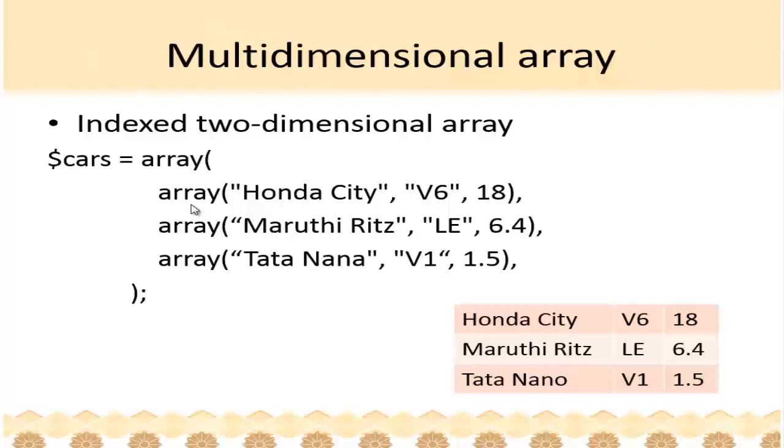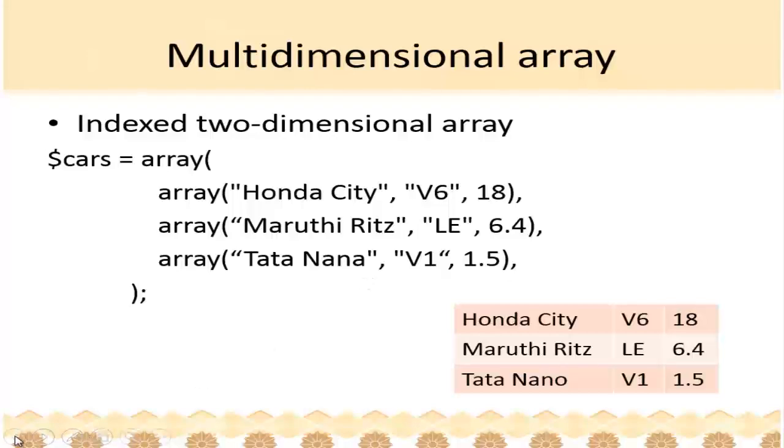Let's look at a simple example. I want to store cars here, and I have the name of the car, the model number, and the values in lakhs. If I want to store it in a tabular format, I have 3 cars here, so I have 3 rows.